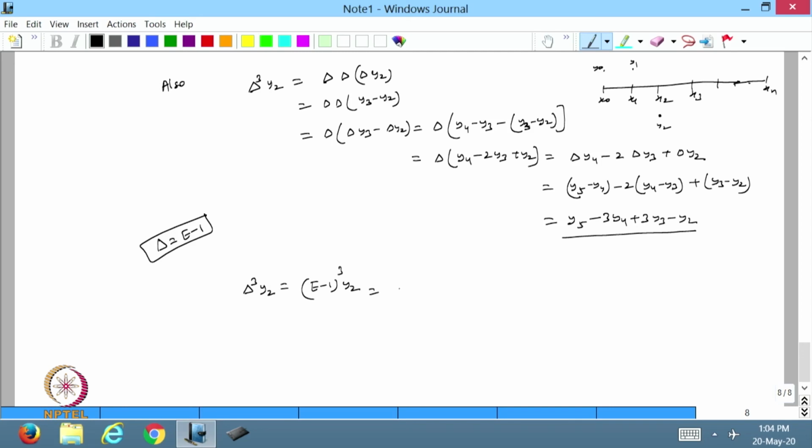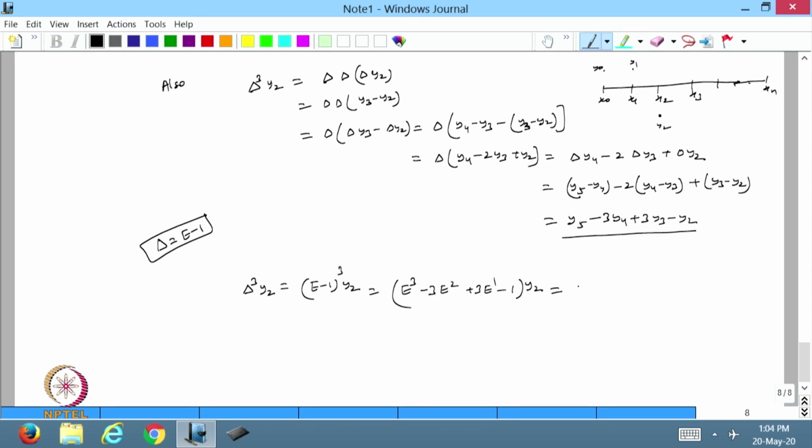Expanding the cube, that will be e cube minus 3 e square plus 3 e minus 1, applying on y2. So, this cube minus this times plus this will be the formula.